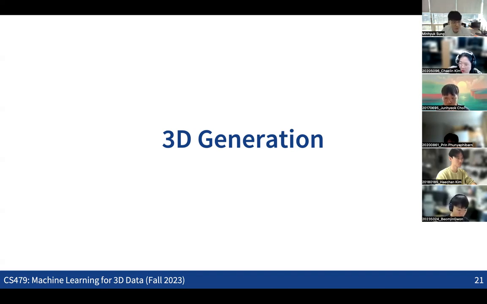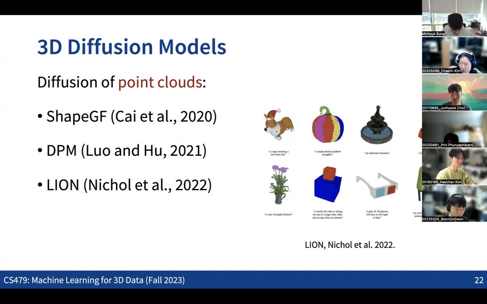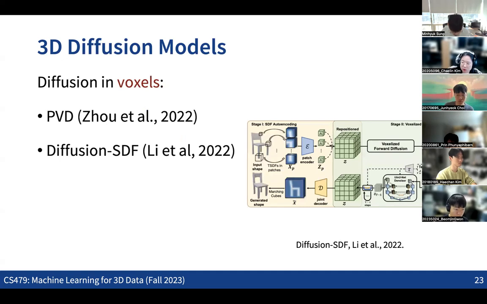In some papers, there are cases applying diffusion models to point clouds, and also applying diffusion models to voxel representations, where you have an occupancy field or signed distance function in voxels.